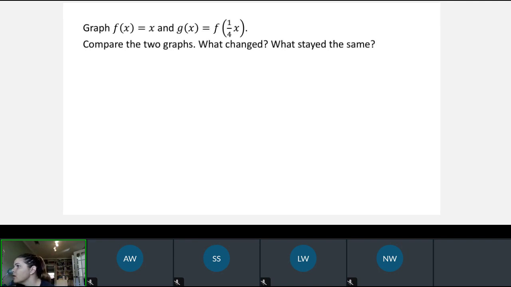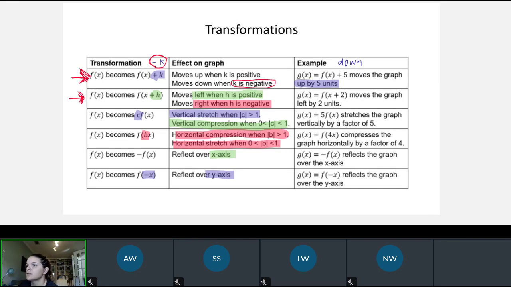So if we look back at our functions, our transformation rules, we're looking at this fourth row. Okay, so what's happened is we have a number inside the input, inside the parentheses, with x. So that number was 1/4, right? 1/4 is between 0 and 1. So that means it was a horizontal stretch.